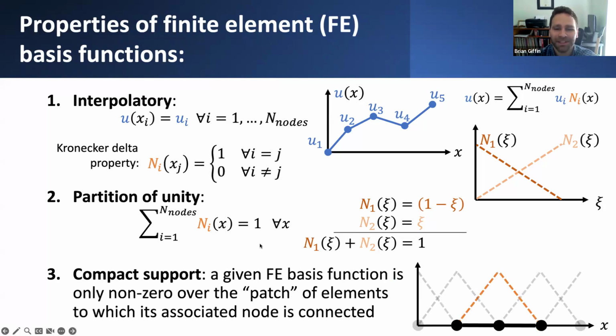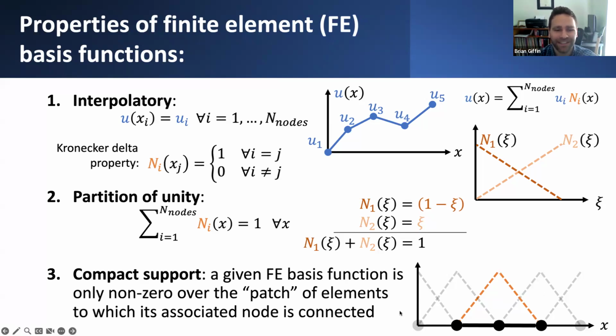And the final property, arguably one of the biggest powers, besides the fact that the interpolatory property makes it easy to enforce boundary conditions at these discrete nodal locations, is the so-called compact support property. That's the property that says these basis functions are only non-zero over the collection of elements to which a given node is attached. So basis function 3 is only non-zero in the two elements that are attached to node 3, and elsewhere it's equal to 0.